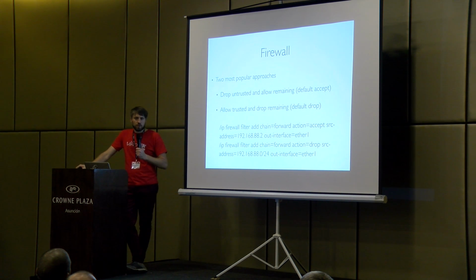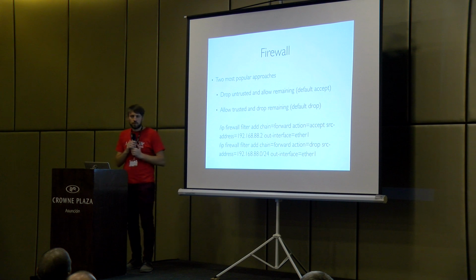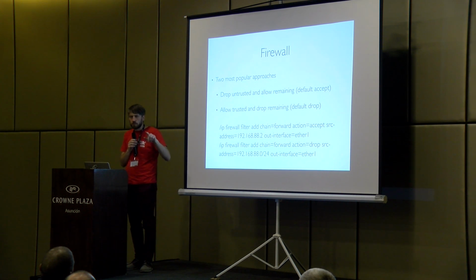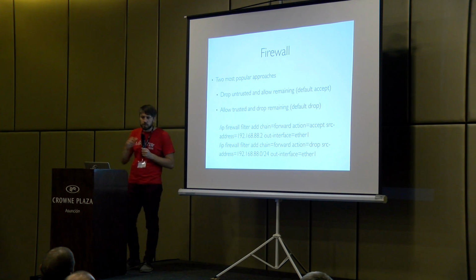I'm paranoid, that's why I accept only trusted devices and drop everything else. I don't usually use a firewall that only blocks some specific ports. In this room we have MikroTik access points, and there I'm using the second approach, where I drop only unneeded things and accept everything else.